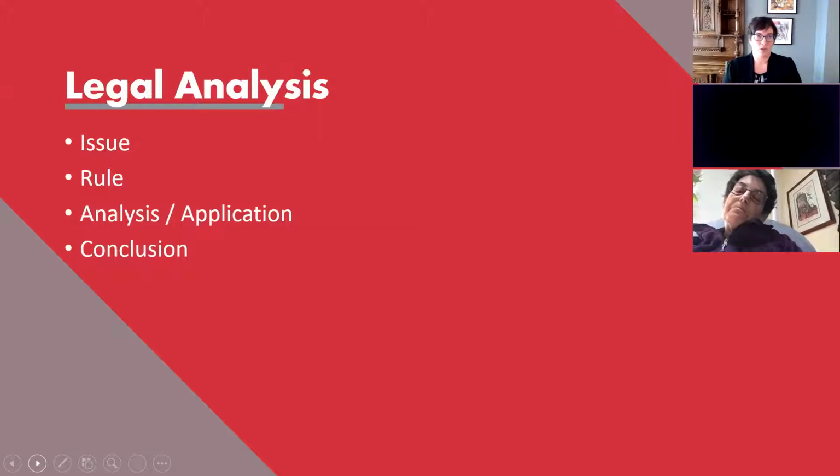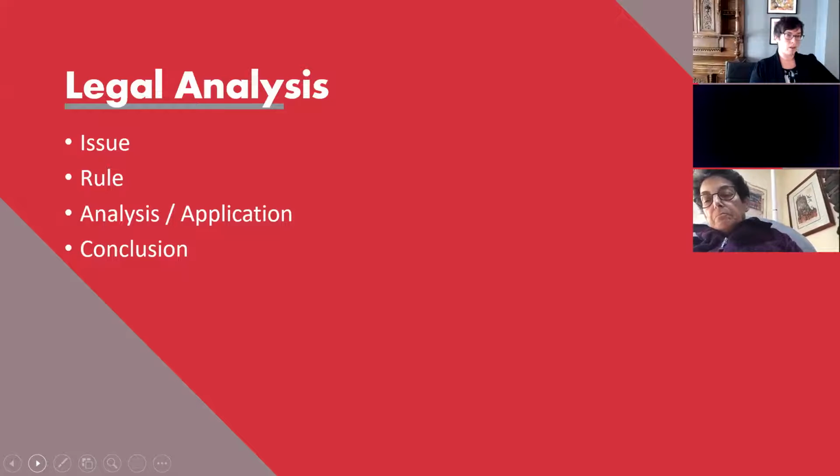If there's one issue, it'll go through this process once and be done, probably. If there are multiple issues to address or multiple factors, like a four-factor test, they may go through this issue, rule, analysis, conclusion multiple times, depending on each issue or each factor. But generally the structure will remain the same.